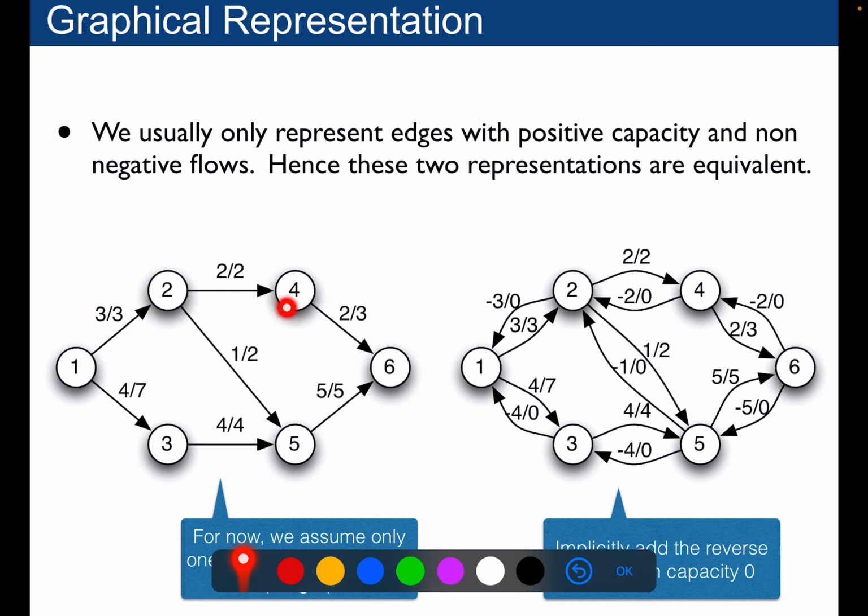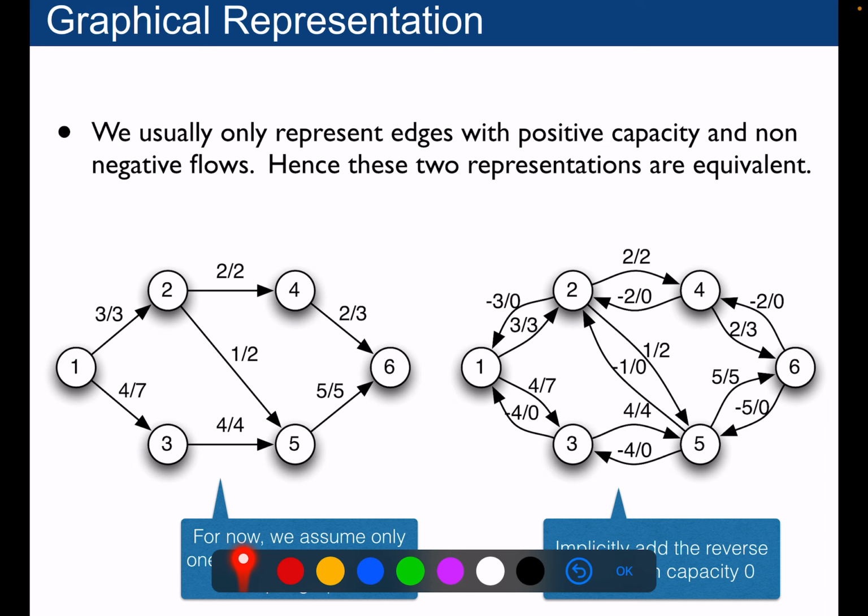If you represent the edges that are not present, you simply put it like that. The capacity here is 0 because that edge does not exist, and you take the opposite, and so you put -3 in that direction. That works as well.